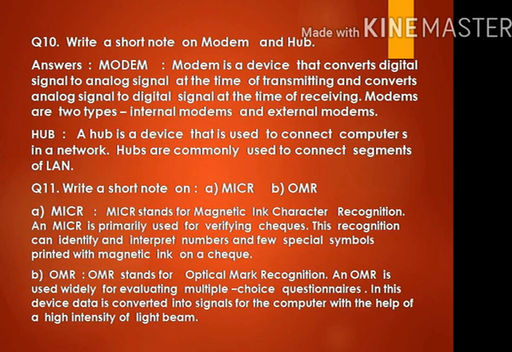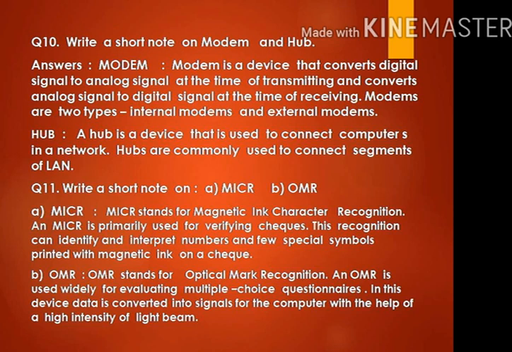Modems are of two types, internal modems and external modems. Next is hub. A hub is a device that is used to connect computers in a network. Hubs are commonly used to connect segments of a LAN.